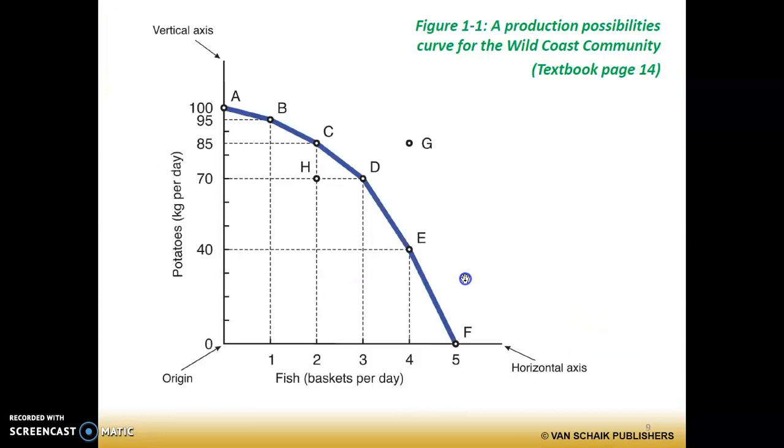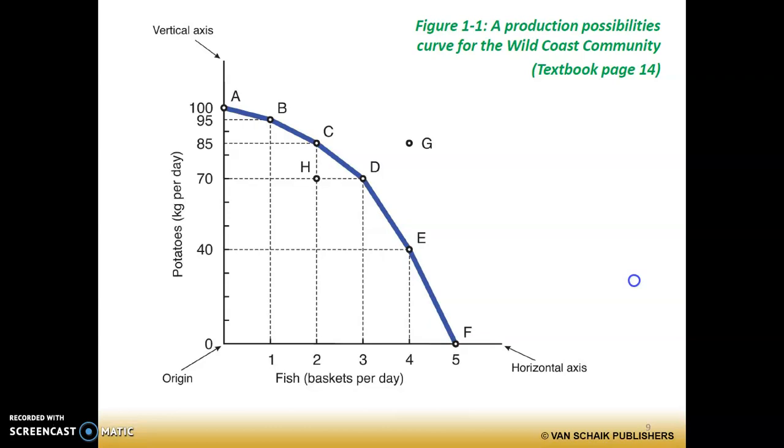So the different alternatives or combinations can be illustrated graphically in a production possibility curve, or PPC for short. As shown in figure 1.1 on page 14 in your textbook, fish production is measured along the horizontal axis and potato production on the vertical axis.